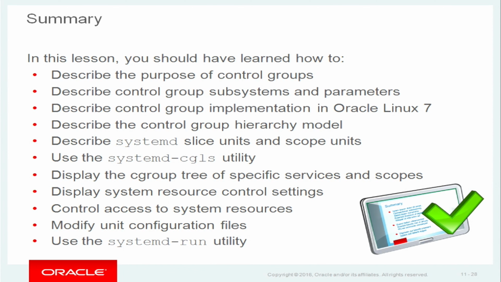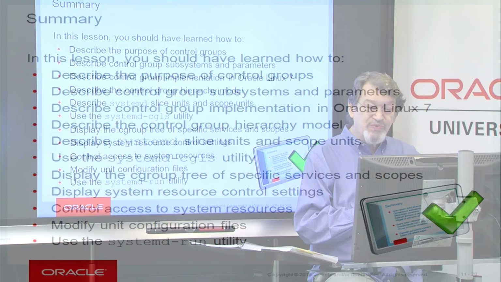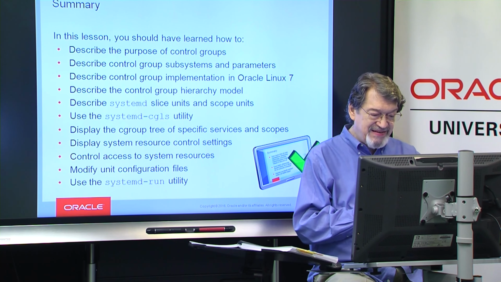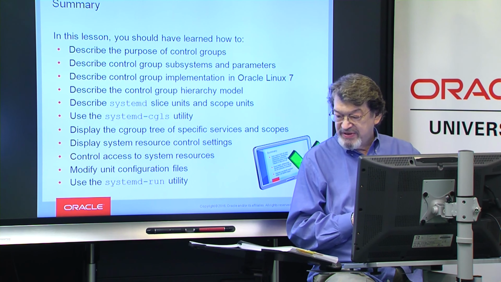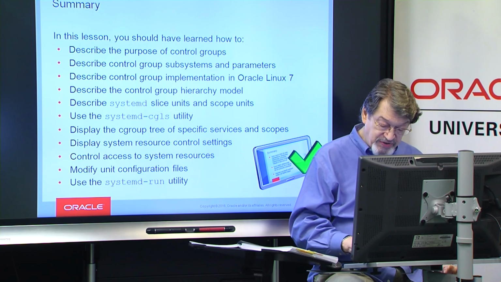We talked about slices, units, scope units. We took the cgls utility. We took a look at the cgroup tree, system resource control settings, access to system resources, and unit configuration files. And then lastly, we touched on the systemd-run utility.